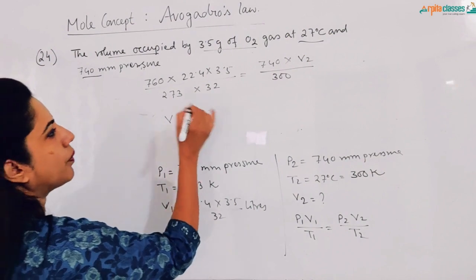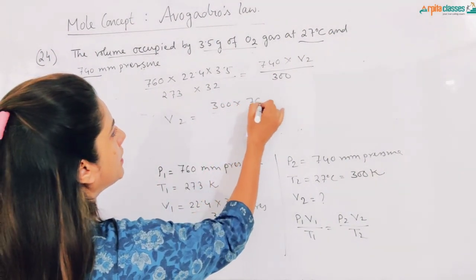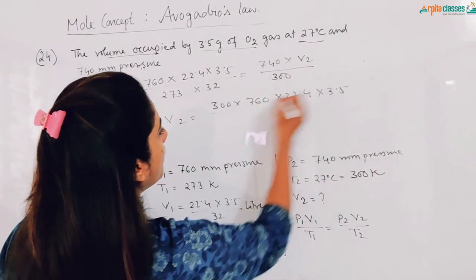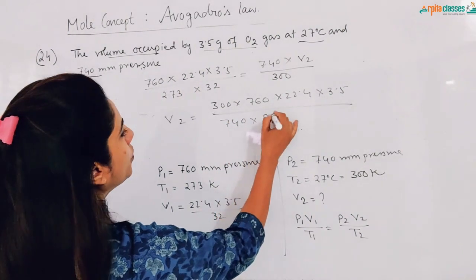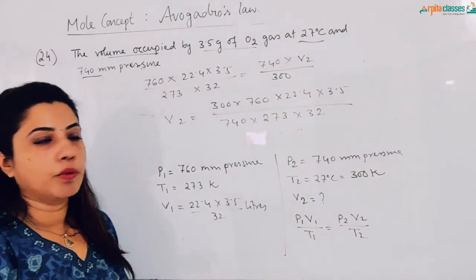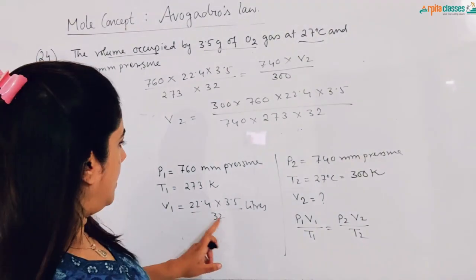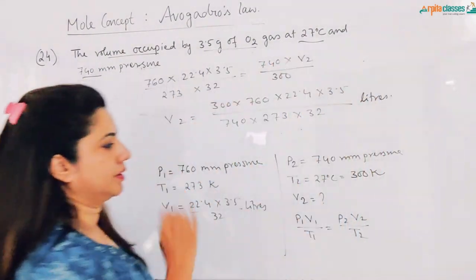So V2 will be equal to 300 into 760 into 22.4 into 3.5 whole divided by 740 into 273 into 32. So when you calculate this, you get the answer in liters. V2 will be in liters.